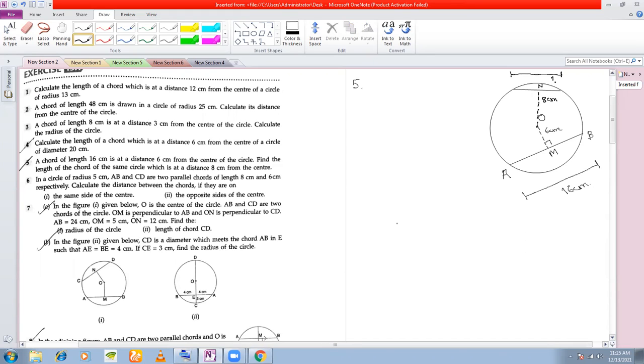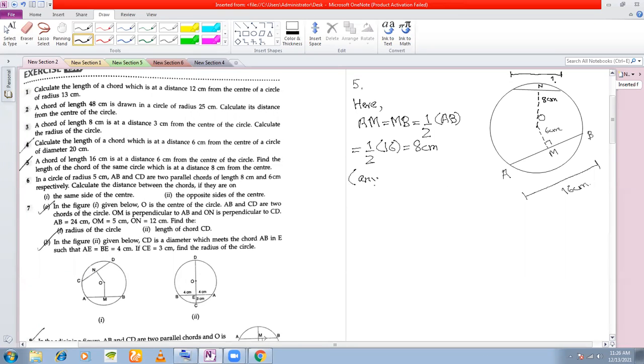First of all, what is the length of AM? AM and MB must be equal, right? And both must be equal to half of AB, which is equal to half of 16, which is equal to 8 centimeters. And what is the reason here?